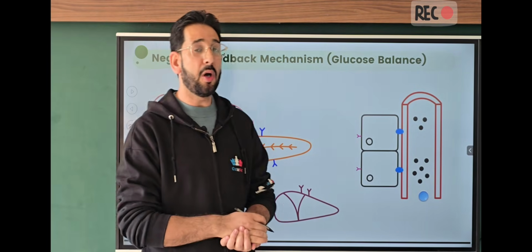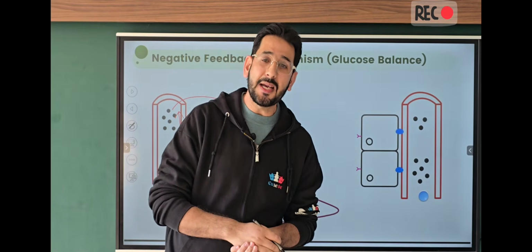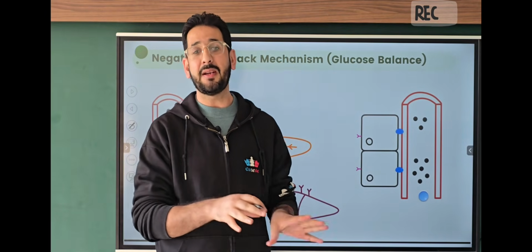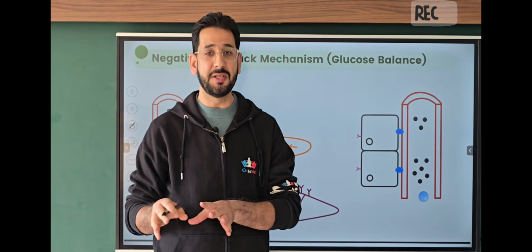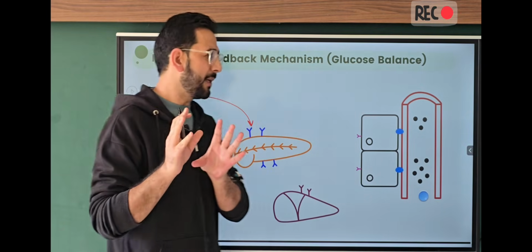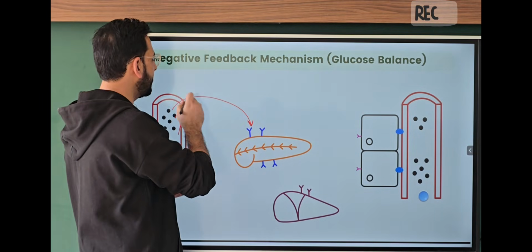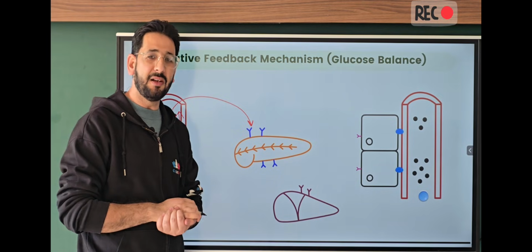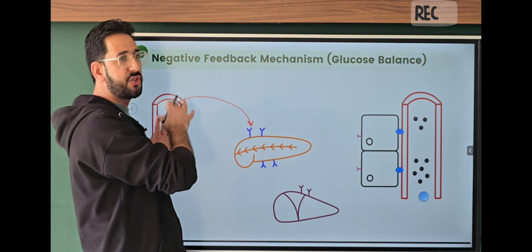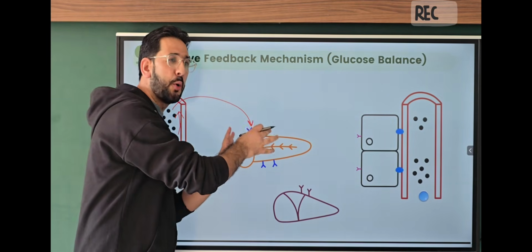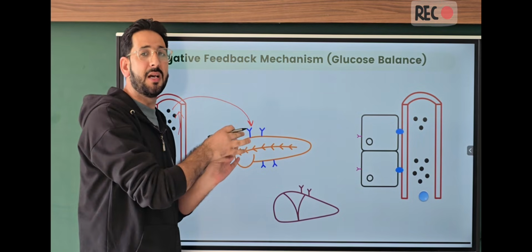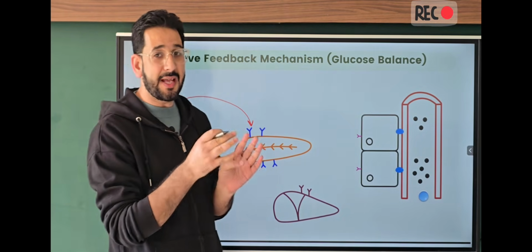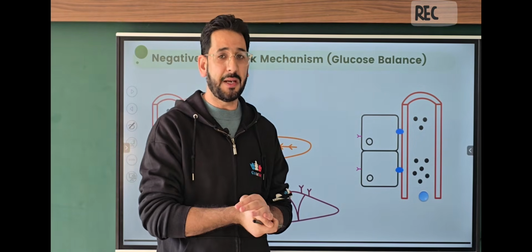I hope you all know that the pancreas has both exocrine as well as endocrine functions. Now, the pancreas detects the increased blood glucose level, and in response to this change, the control center becomes the pancreatic islets, that is the endocrine part of the pancreas.